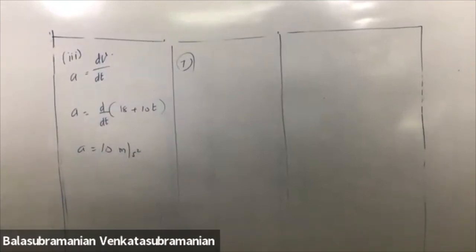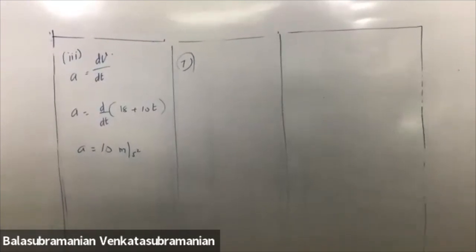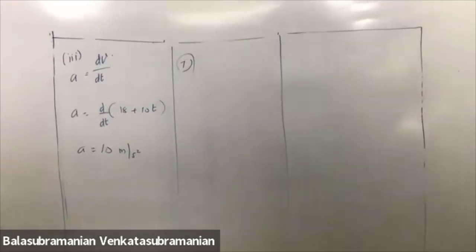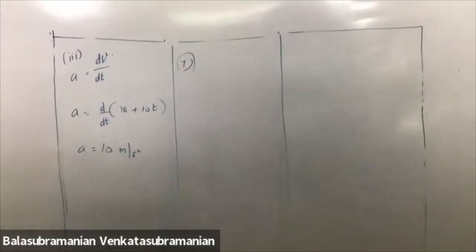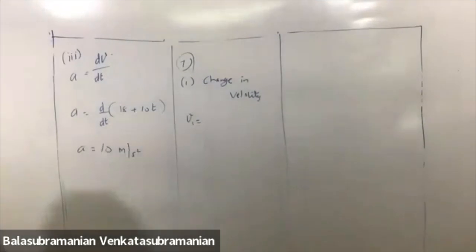Next, you have to calculate average acceleration during the same interval. And 3, instantaneous acceleration at t2 is equal to 4 seconds. One by one we will do. 3 things asked. First one, change in velocity, v1.